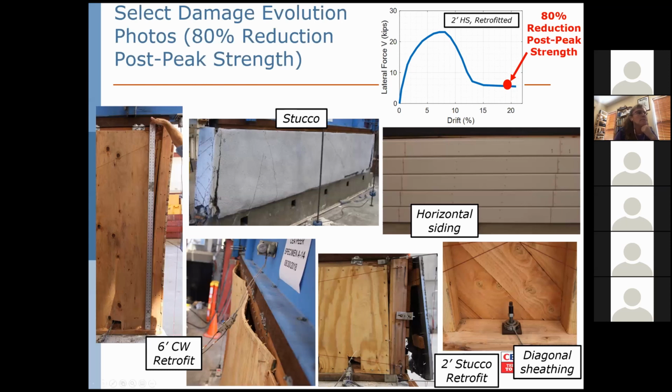So I believe from my side, this is my last slide, and I don't have a concluding slide because I'm happy to just pass the docket to Kelly and remind us all that, you know, now from this data set, I believe we have some extremely useful information regarding both the existing and retrofitted cripple walls behavior in terms of force displacement, damage evolution, and cross comparison of some of these important variables.